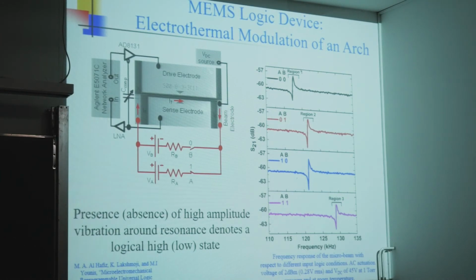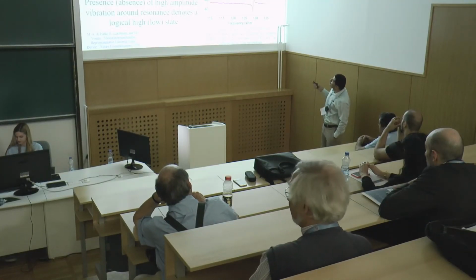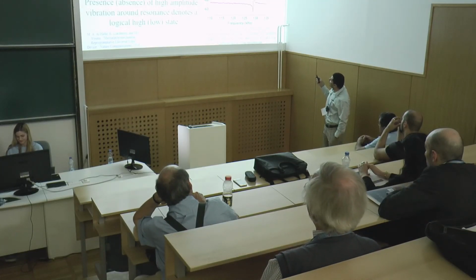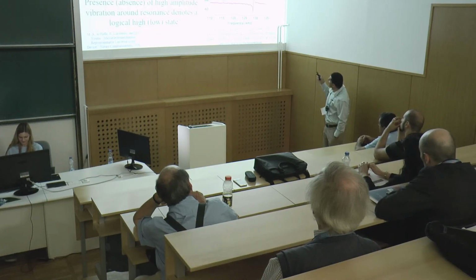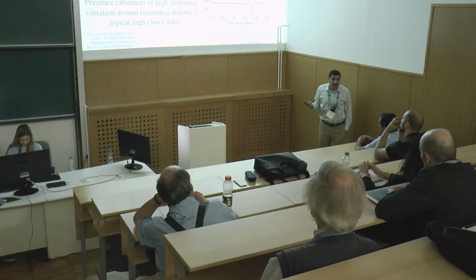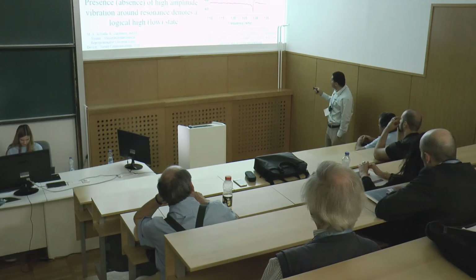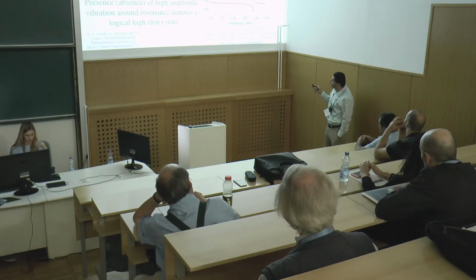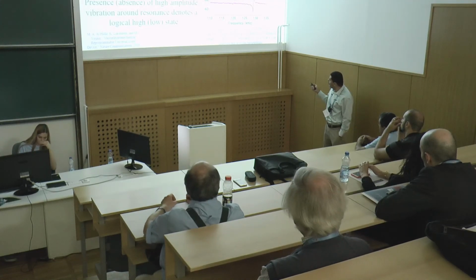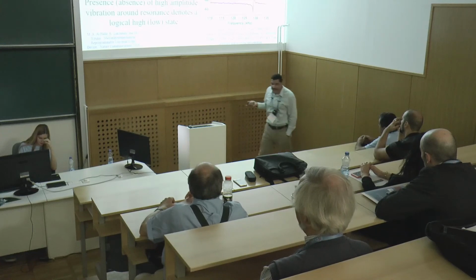Okay? So what's the idea of the logics? The idea is that you want to operate at a fixed frequency, say for example at the magenta, and then you read the output signal of your resonator. In this case, if I am operating here, then the output is 0, 0, 0, unless I have A and B on, then I will read 1. And this is an AND gate.